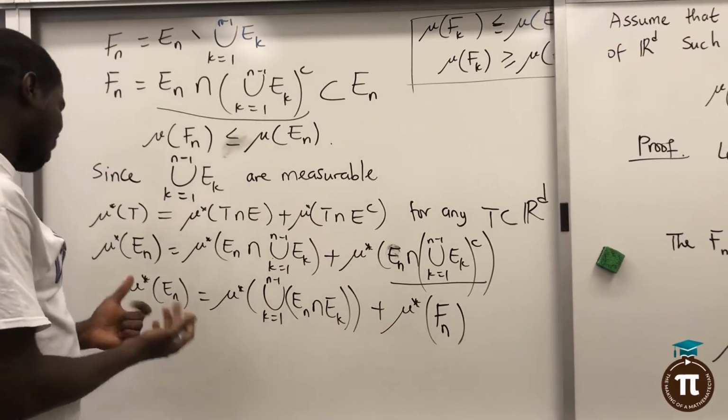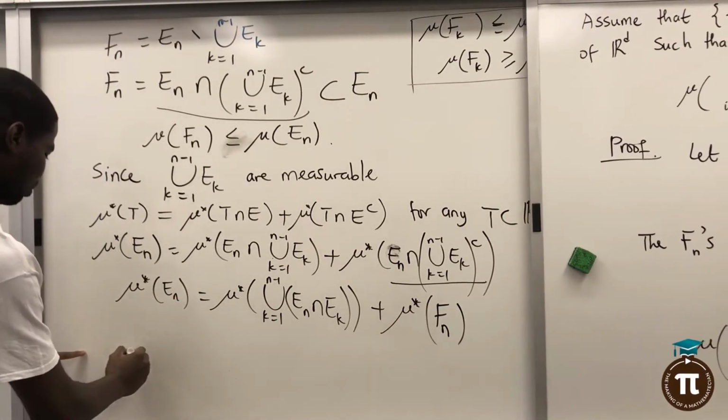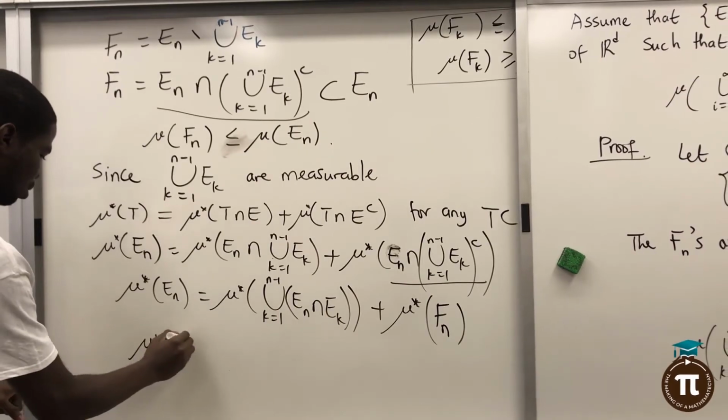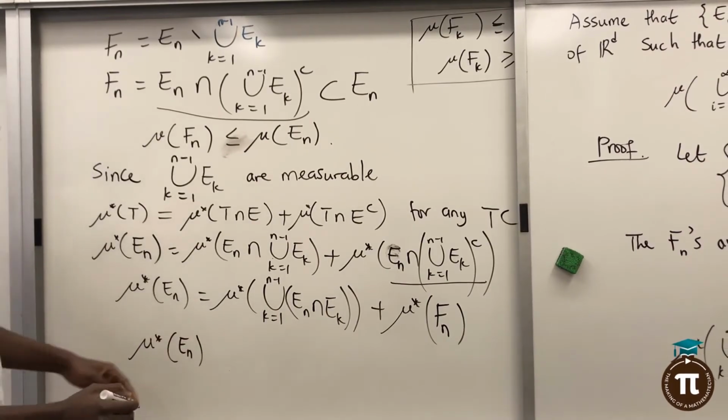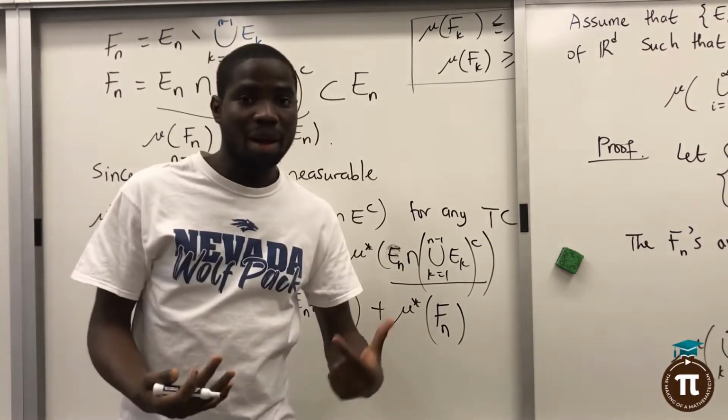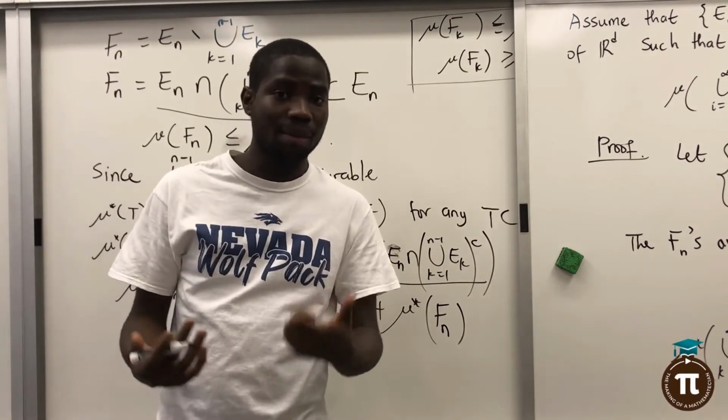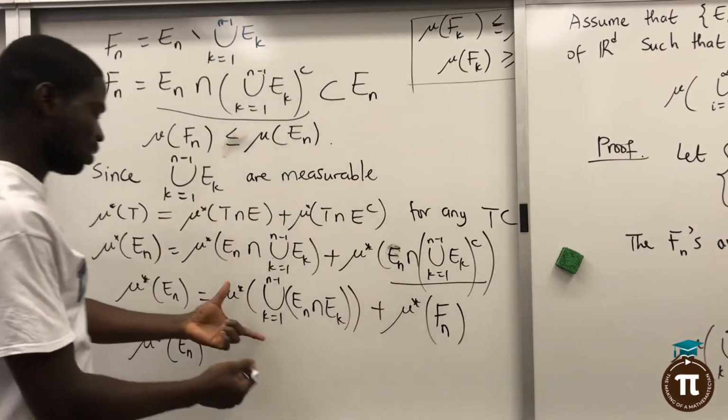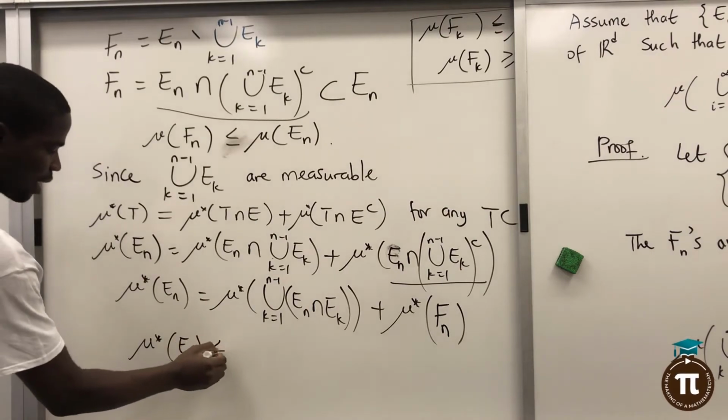Now, to round off, the outer measure of E_n, by countable subadditivity, by the property of the outer measure, will be less or equal.